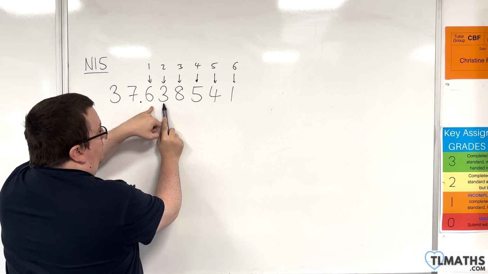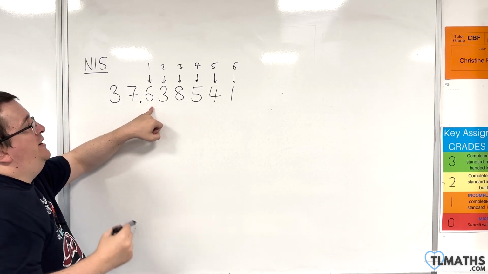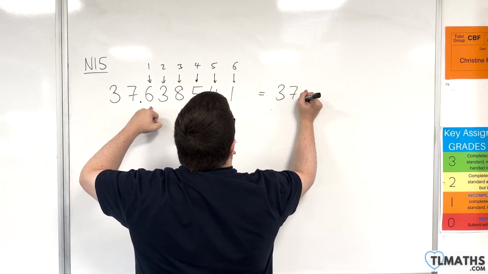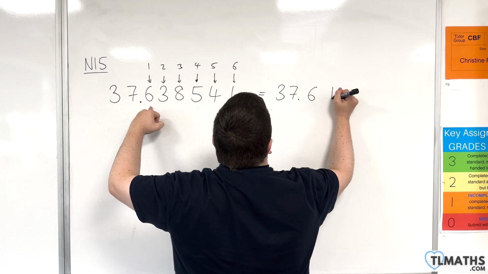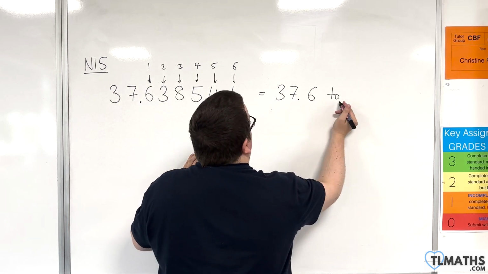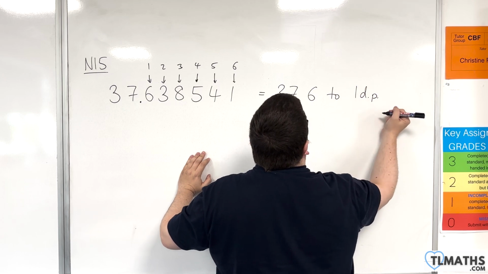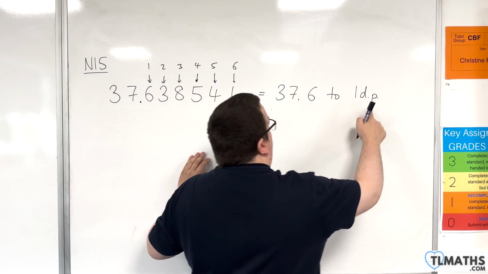No, it's less than 5, so we round this down. So we round it to one decimal place, and it would be 37.6. And we abbreviate this as writing it to 1 dp. So decimal place.